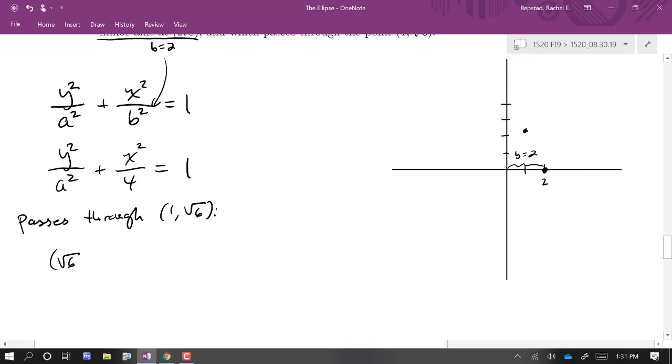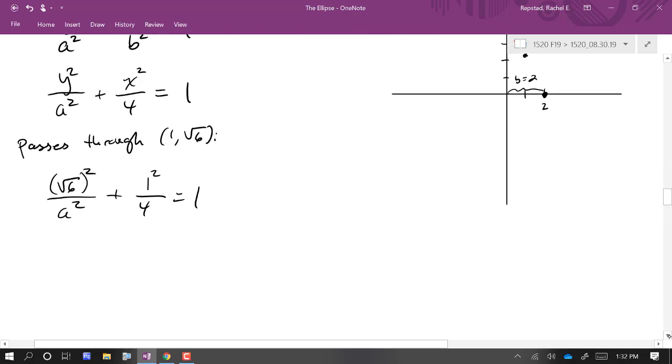So root 6 squared over a squared plus 1 squared over 4 is equal to 1. A couple ways we could go about this algebraically, but maybe I'll just subtract a quarter from each side first. And so we get 6 over a squared is equal to 3/4.